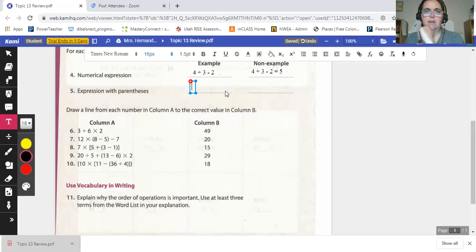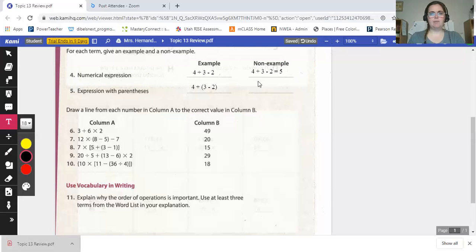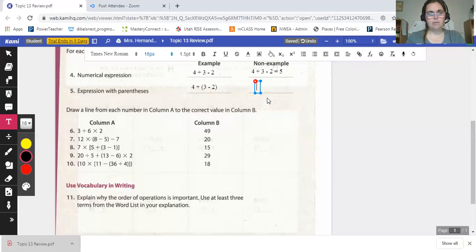An expression with parentheses. All right, well, let's do that. I'm going to use the same numbers so I don't have to always come up with something new. But this time I'm going to add parentheses. And this would be a non-example. Same numbers, it's still possible to find a solution to it.